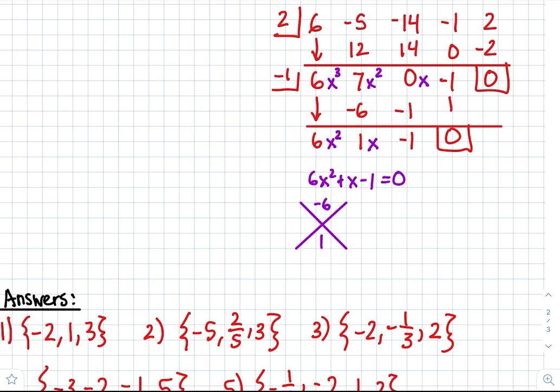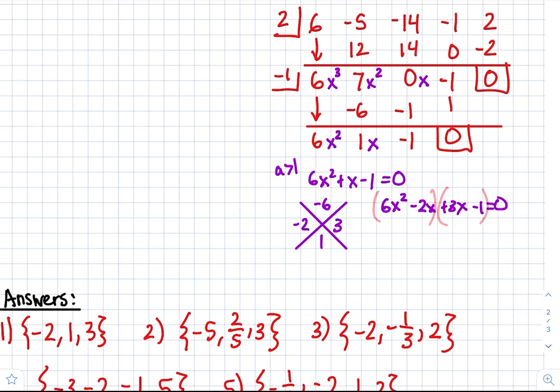That is -2 and 3. Now, since a is greater than 1, right, that number is greater than 1, we gotta do it by grouping. 6x to the second minus 2x plus 3x minus 1 is equal to 0.